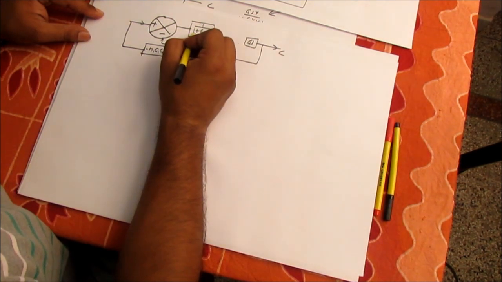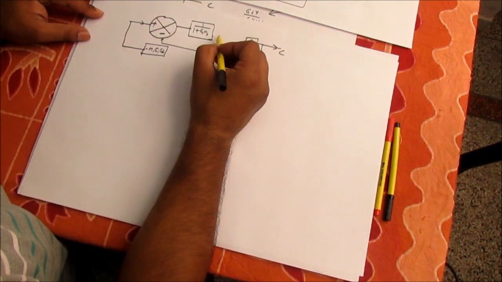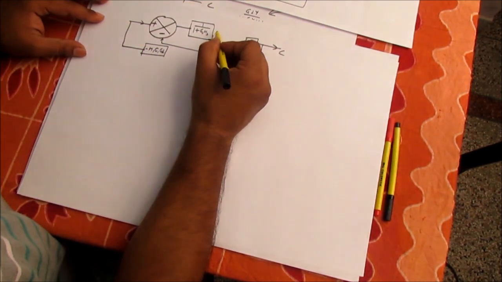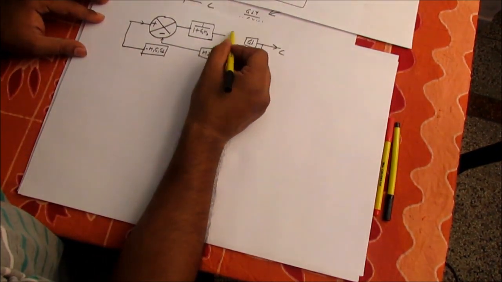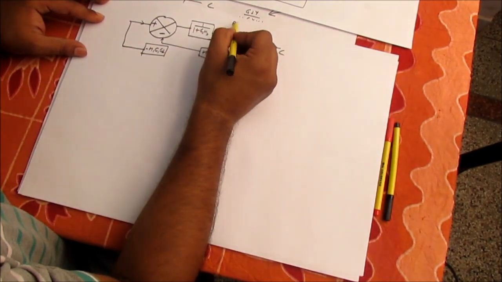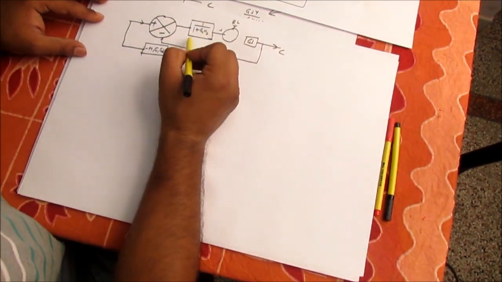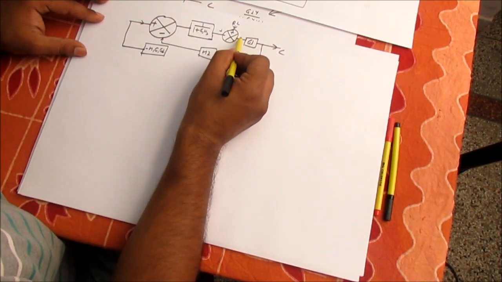So it will be 1 plus G2 H3, which is going to the summing amplifier. This one is R2 and this one is plus, and this one is plus and this one is G3.